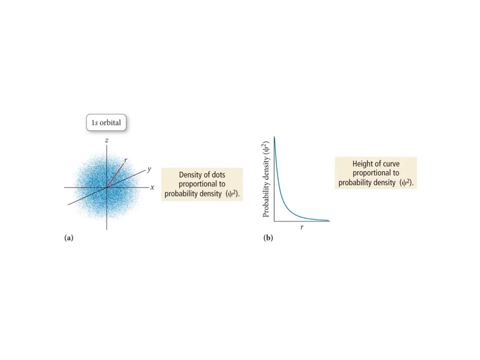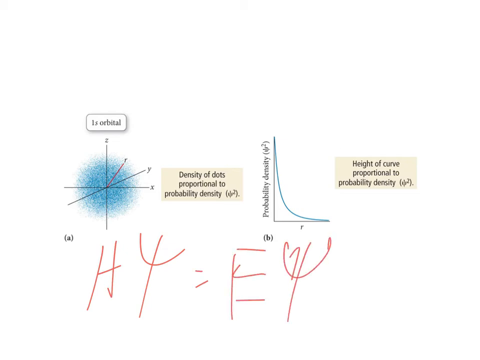So defining the shapes of orbitals, if you remember, I said that H psi equals E psi is Schrodinger's equation, and every solution was an orbital. Well, this is actually psi squared. So this gives you what we call the probability density.